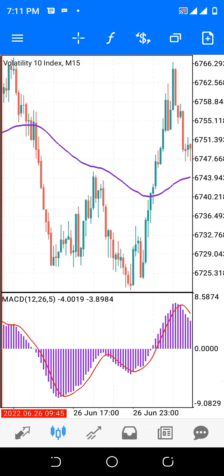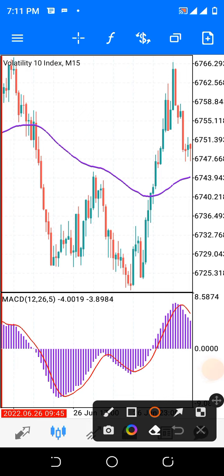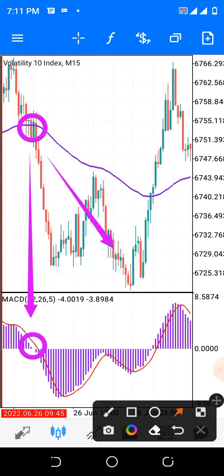When there is a simultaneous crossing, the candlestick is crossing the moving average, and at the same time there is a crossing in the MACD section. At the same time, you are taking a sell position. Do you understand? If you watch, there is a move from the top side of MACD towards the downside of MACD, so you are made to take a sell position.